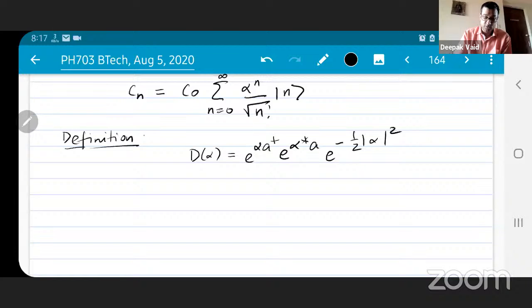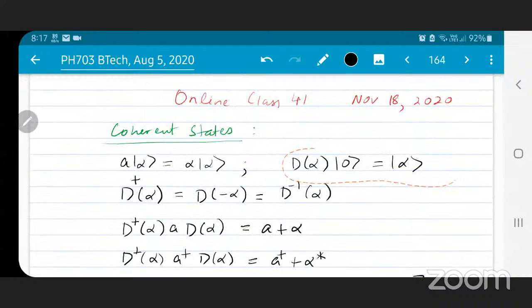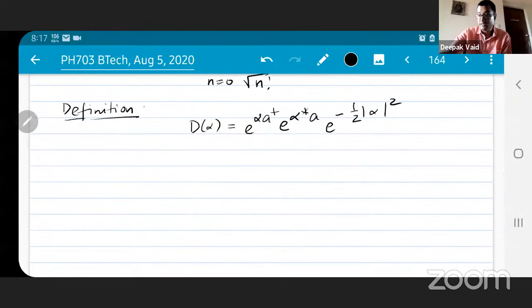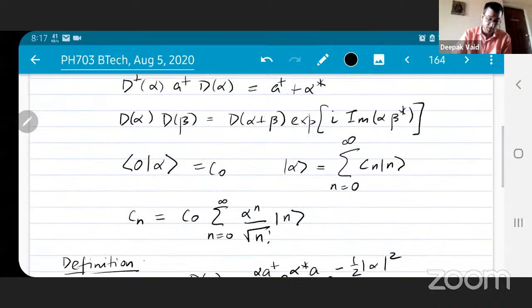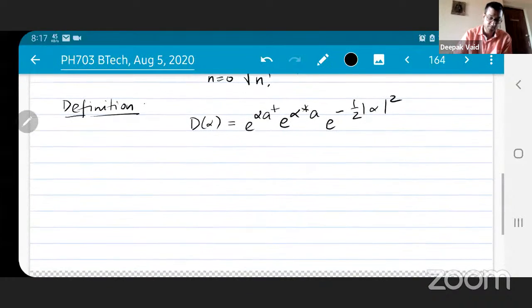So what we will see is, first of all, that this operator has this property that when it acts on the vacuum state, it will give us alpha. And then the second thing we will see is that we can evaluate this coefficient C naught by using this definition.